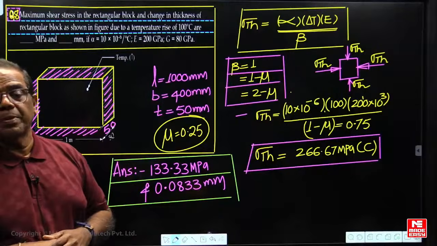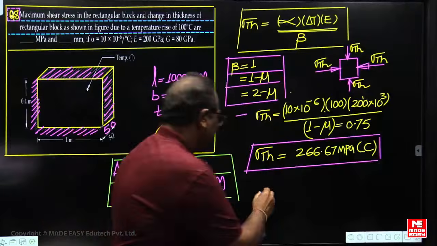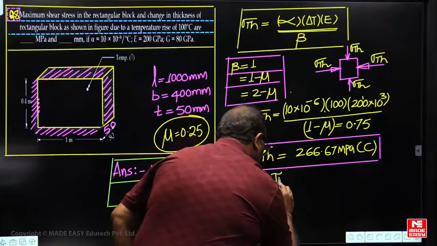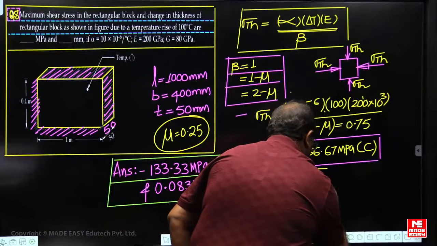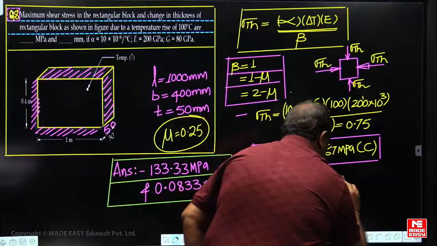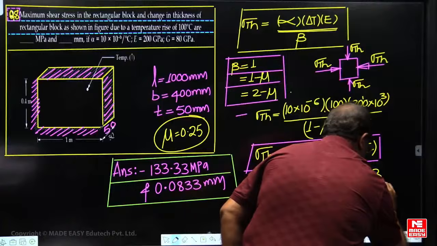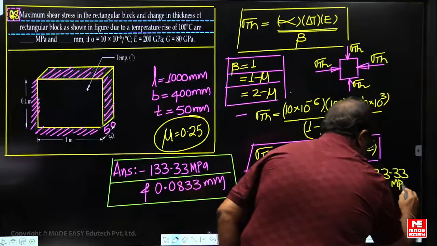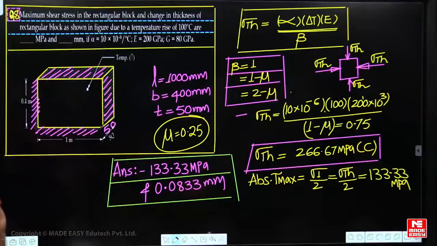Member पे पूछ रहे, member पे बोला तो absolute tau max. Your sigma 1 and sigma 2 like in nature है. So what is the maximum shear stress now? Sigma 1 by 2. So it is 133.33 megapascals. 133.33. Good. Bansal has given the answer now.